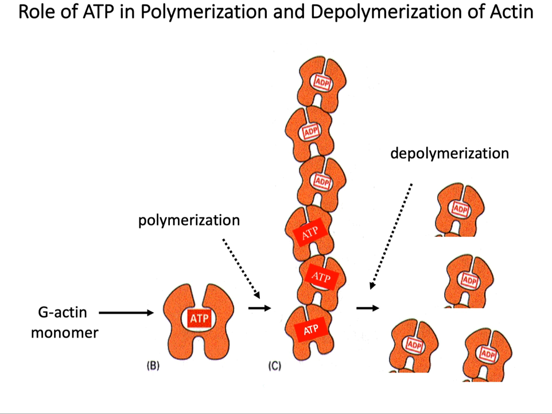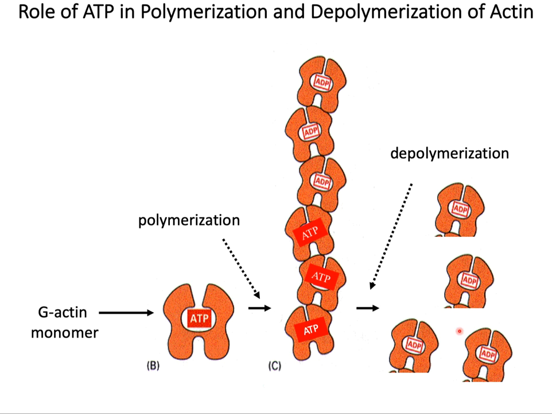So as it turns out, all of these G-actin monomers are ATP binding proteins. So G-actin monomers can bind ATP, and as these ATP bound G-actin monomers become polymerized into a filament, eventually the ATP is hydrolyzed to ADP. So the oldest part of the filament will be rich in ADP G-actin, whereas the youngest part of the filament will be rich in ATP G-actin.